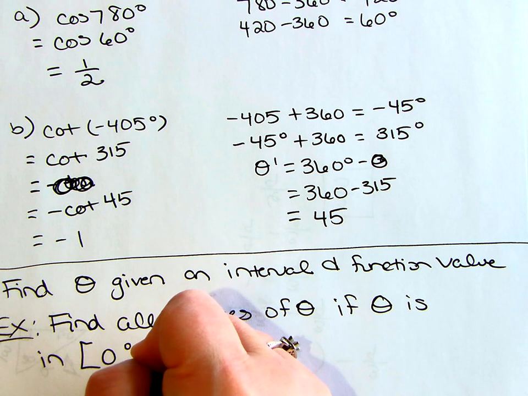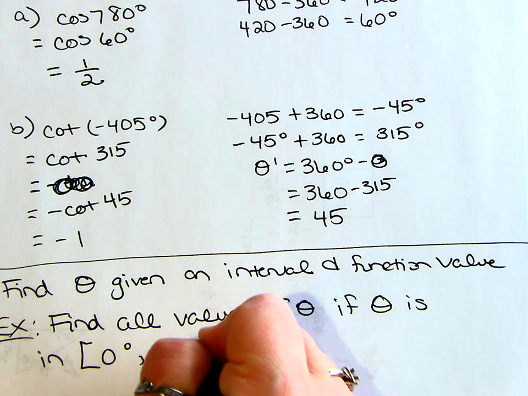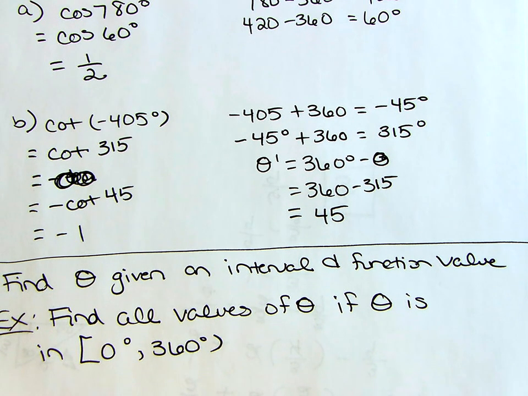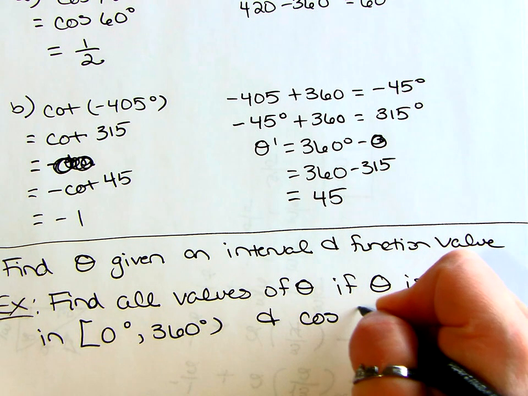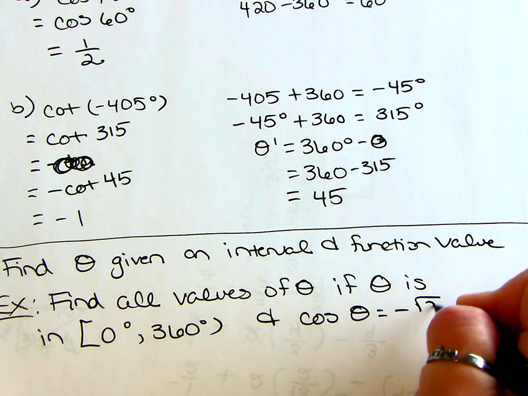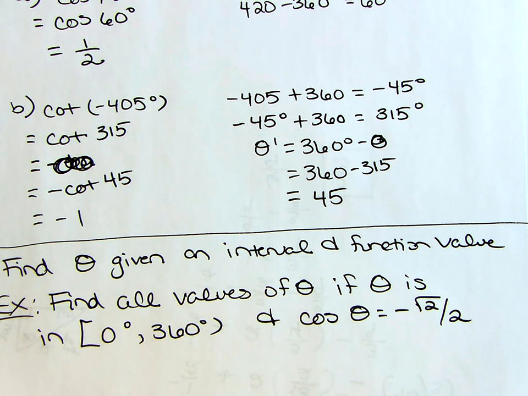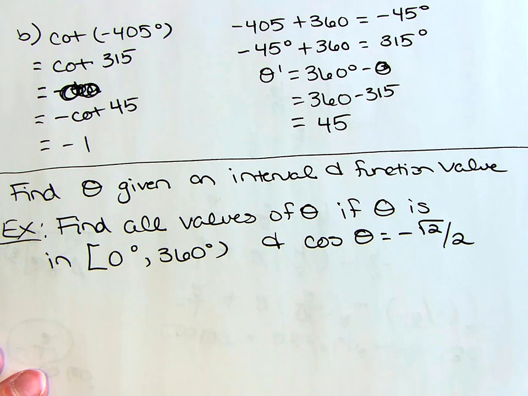If you remember your interval notation, that means you could equal 0, but you can't equal 360. And cosine of theta is negative square root of 2 over 2. Somehow we're going to have to figure out what theta is based on this little bit of information. But luckily you are actually given quite a bit of information, even if it doesn't seem like it.